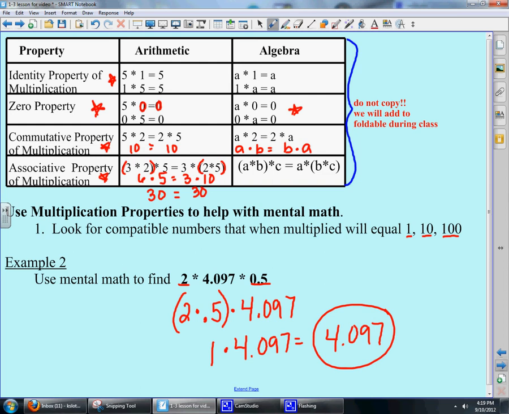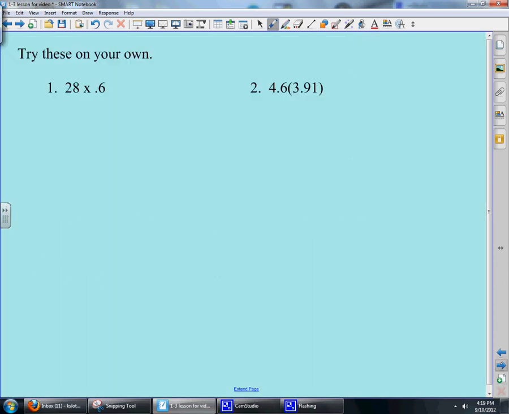Otherwise I would have had to multiply 2 times 4.097 and then 4.097 times 5, and that would have been a lot of work. This just simplifies the multiplying process for you.